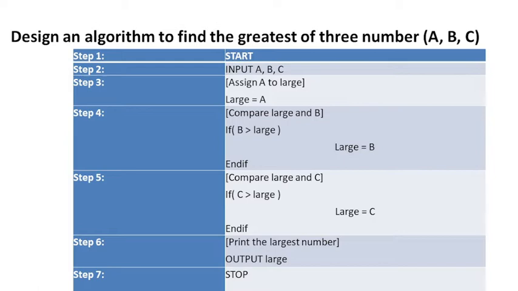We have three input numbers, A, B, C, so step 2 is input A, B, C. Step 3 is assign A to large, large equals A. Step 4 is compare large and B. If B is greater than large, then large equals B. In step 5, we compare the same large number with C. If C is greater than large, then large equals C. Step 6, print the largest number, that is output large. And step 7 is stop.